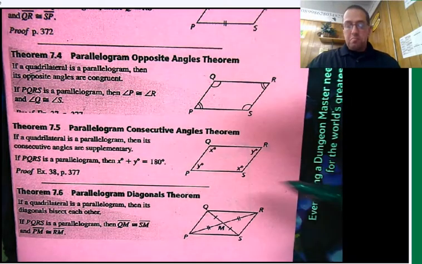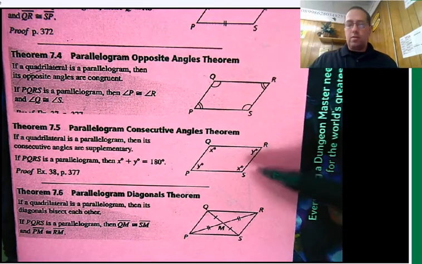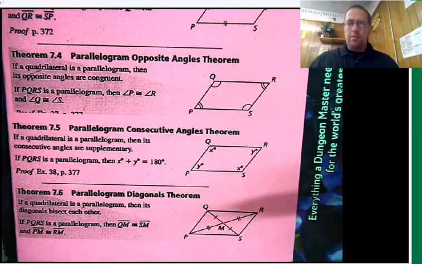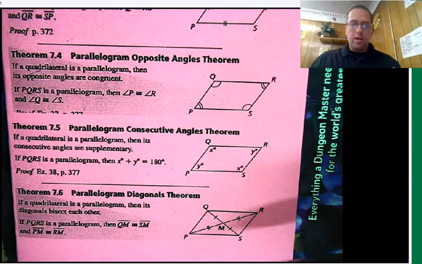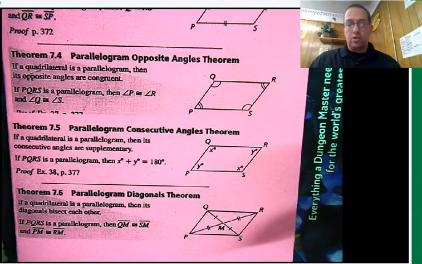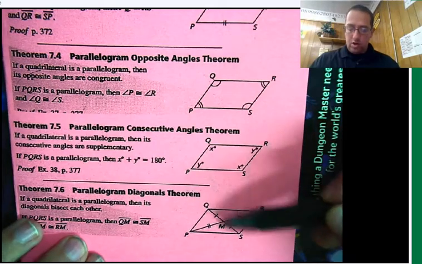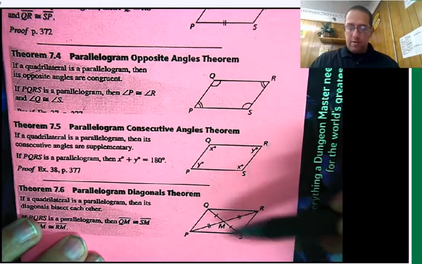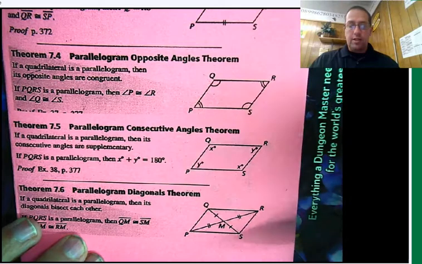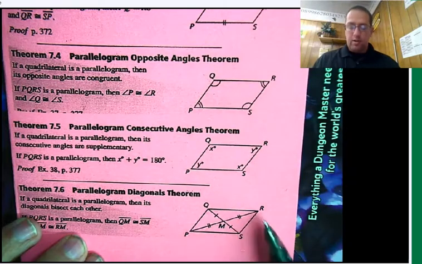Okay, last one, that you may have known, may not have known. This one is probably going to be new. The parallelogram diagonals theorem. If you have a parallelogram, then the diagonals will bisect each other. They will cut each other in half. And so M is going to be the midpoint both of QS and the midpoint of PR because they both are cut in half.